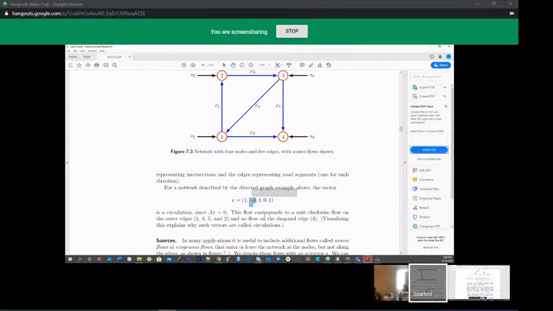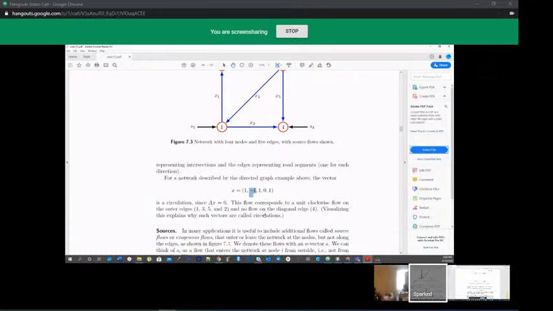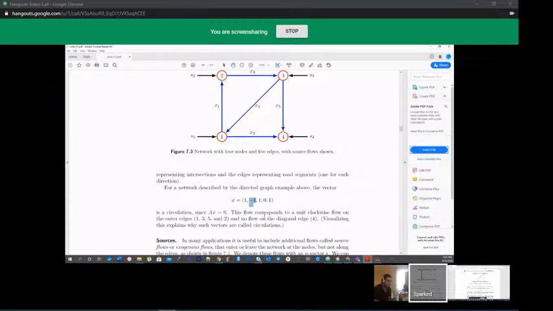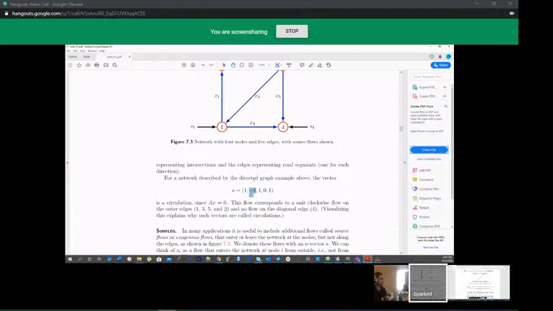It says the vector is a circulation, so I guess it means that if you start at any one of those nodes or edges and go along those edges according to those values, 1s, -1s, or 0s, you would end up with a clockwise rotation, no matter where you started.